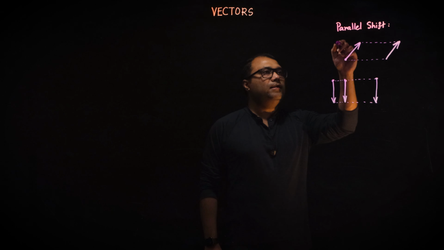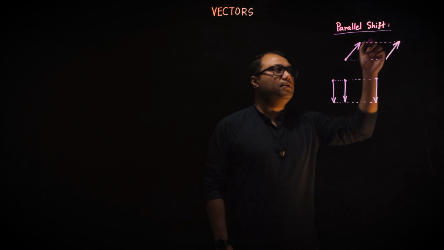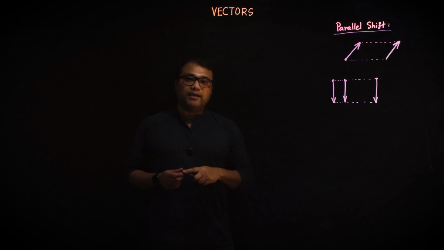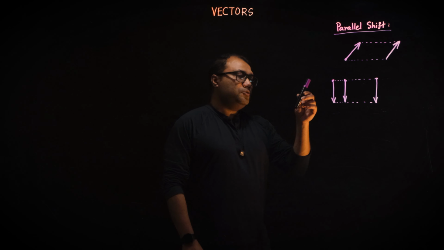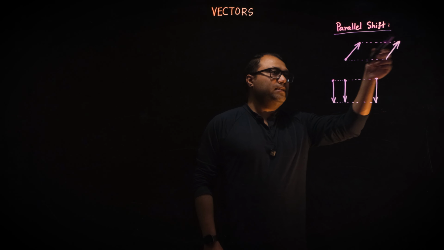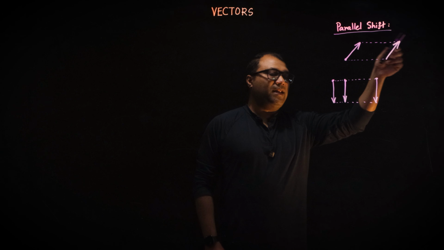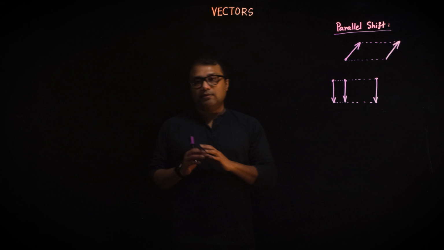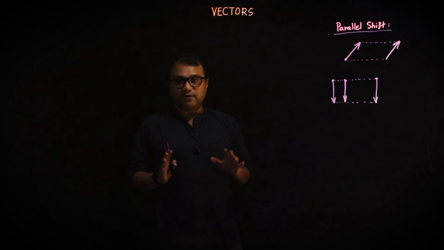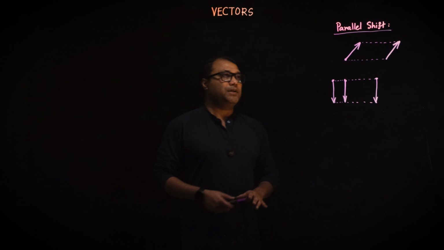And this parallel shifting will be important when we do vector addition and vector subtraction. Okay, so again, to reiterate, if we do a parallel shift on a vector, it is the same vector. It is not different. It does not change.